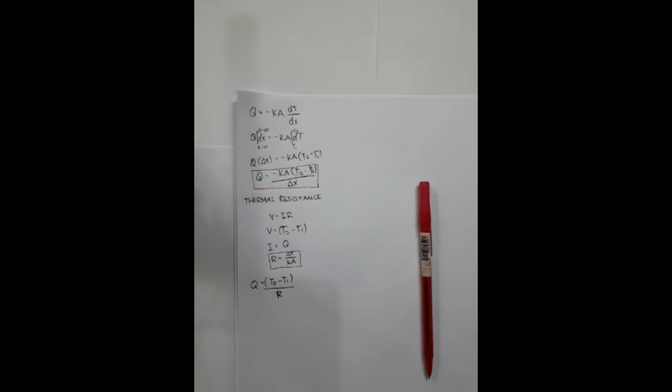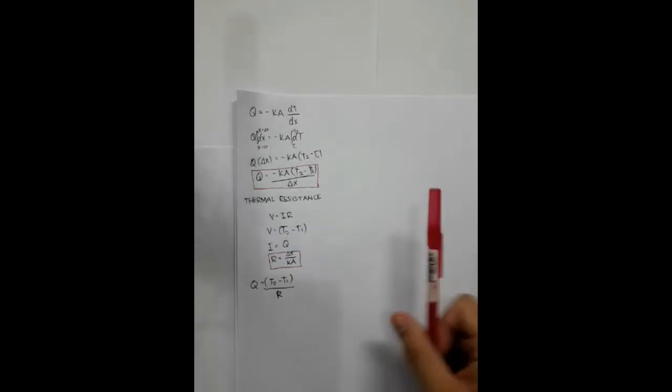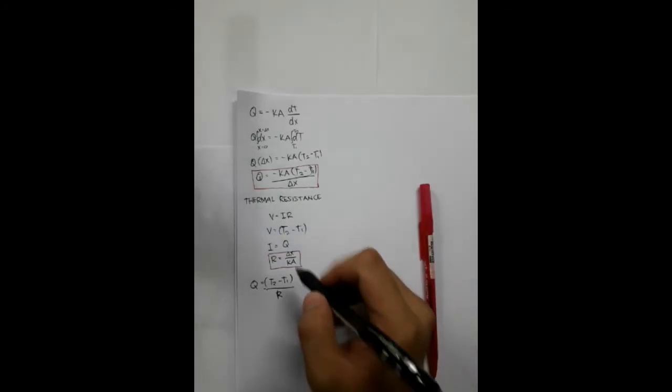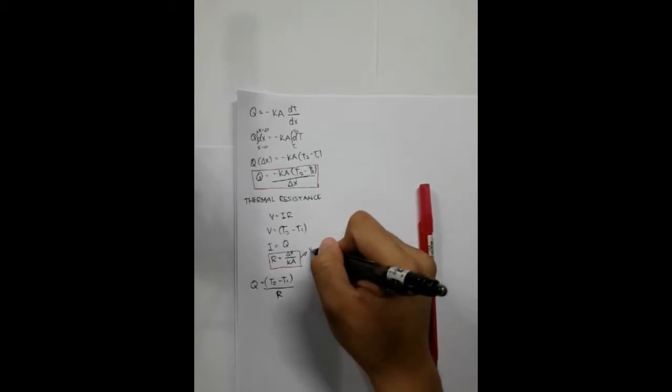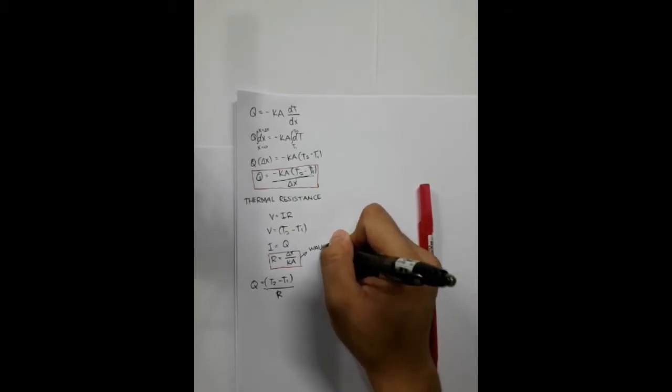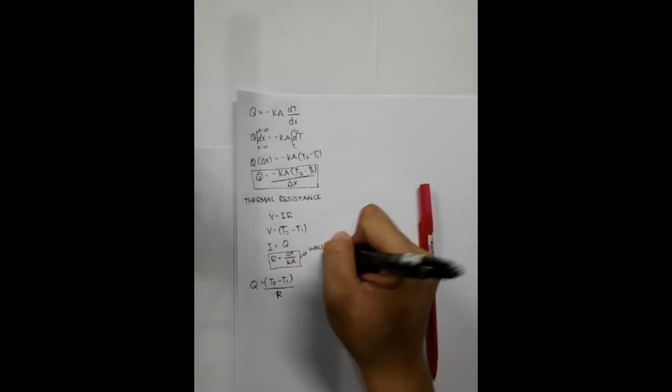So, ngayon, pakitandaan din po pala na itong thermal resistance na to is for walls lang po. Walls. Wala pa po tayo sa cylinders or spheres, which we will discuss sa next video.